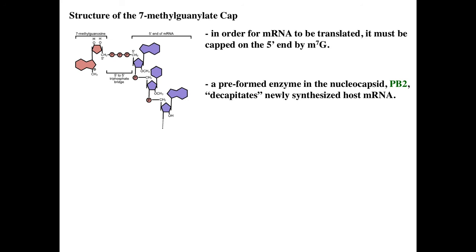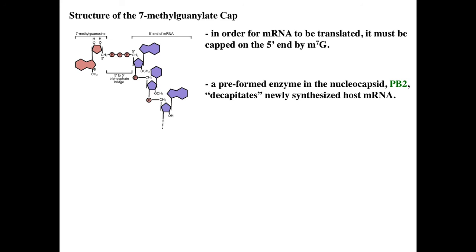This enzyme actually has the ability to take host messenger RNA in the nucleus and cut the head off it. It can cut this end, the 5' end, off of any and probably every messenger RNA synthesized in the nucleus of that cell. That is a great strategy from the virus's point of view because those RNA can never be translated by the host because they've lost their ability to be recognized by host ribosomes.